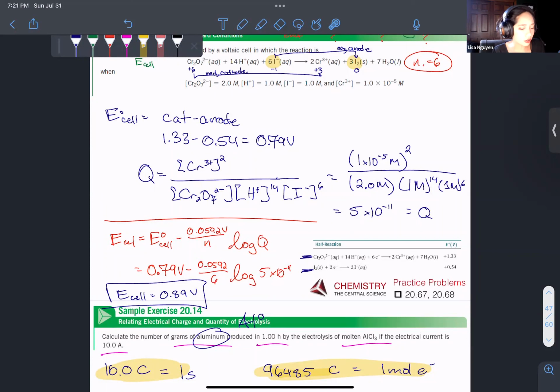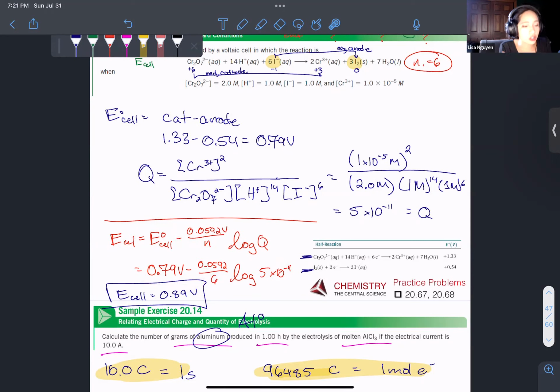All right, so that's how the Nernst equation works. So the Nernst equation, you use this when you are not at standard conditions. So note, if you have a reaction at standard conditions, and you set it up, you will measure this cell potential. But as it moves forward, that cell potential is going to get smaller and smaller, because what takes over is the Nernst equation.